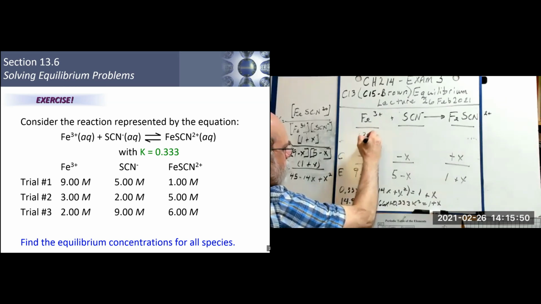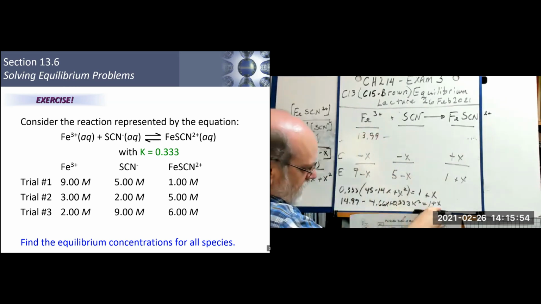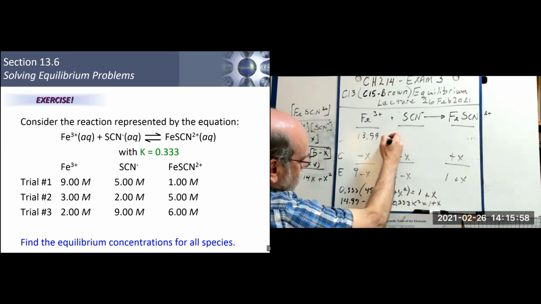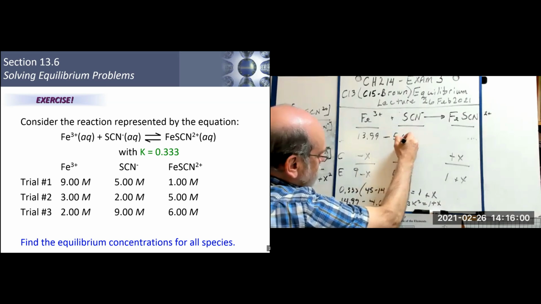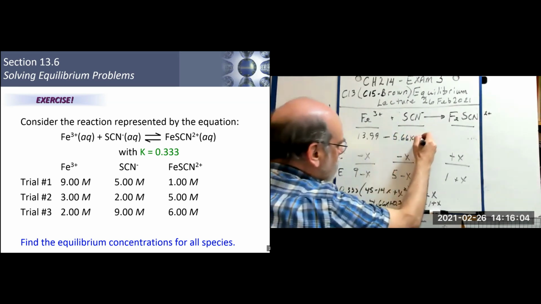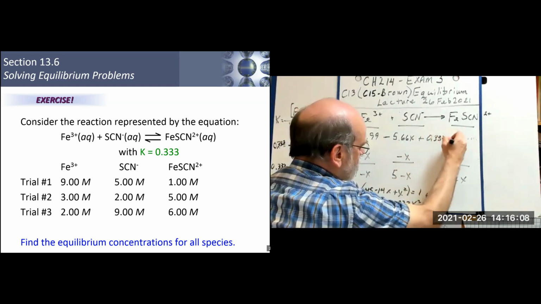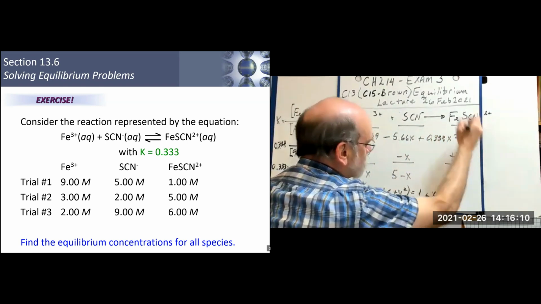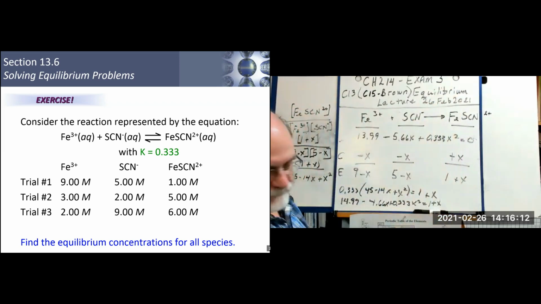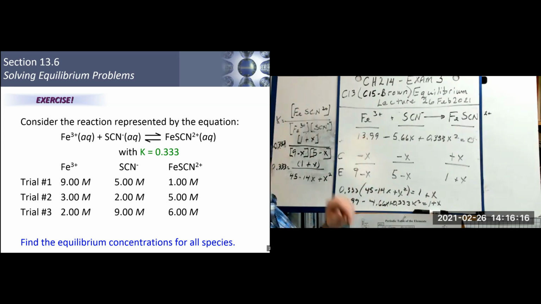So we have 13.99 minus, and this x is going to be a minus x, which is added to that minus x, which would be 5.66x, and then plus 0.333x squared equals 0. All right. Now we can solve for x.